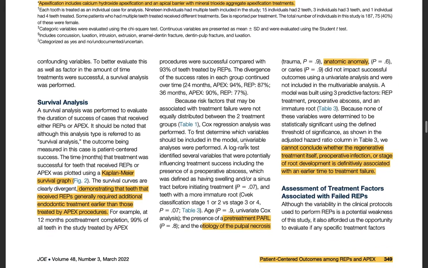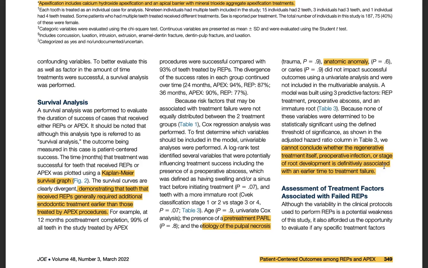The factors that might affect this divergence are having a pretreatment periapical radiolucency, the etiology of pulpal necrosis, either trauma or caries, and having an anatomical anomaly. But they found that these factors did not impact the outcome significantly. By digging deeper in the analysis, they found that the type of procedure itself, either apexification or REP, will affect the outcome, as well as having a preoperative infection and the stage of root development.